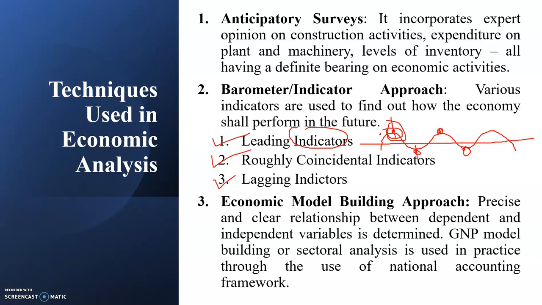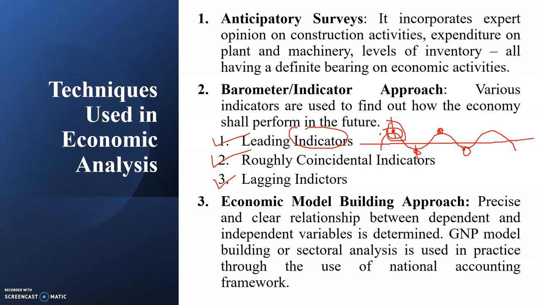Money supply can be considered a leading indicator because the amount of money circulated in the economy signifies what direction the economy is going. So this is a leading factor.